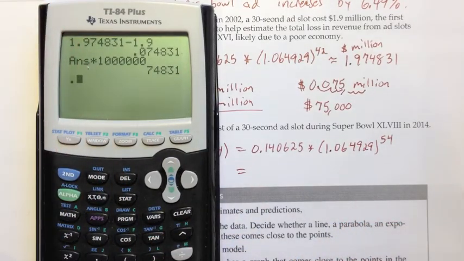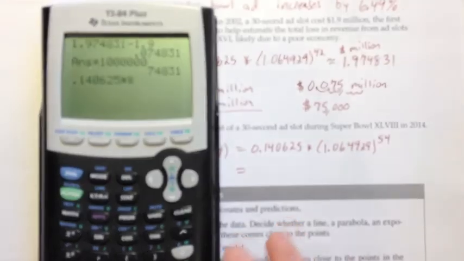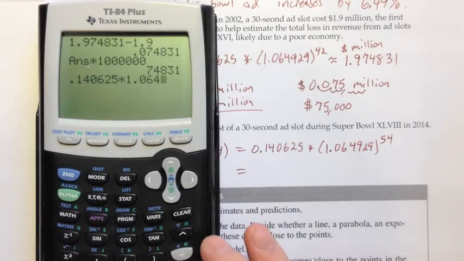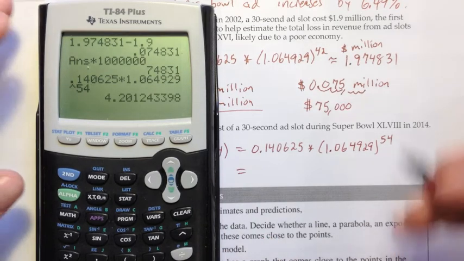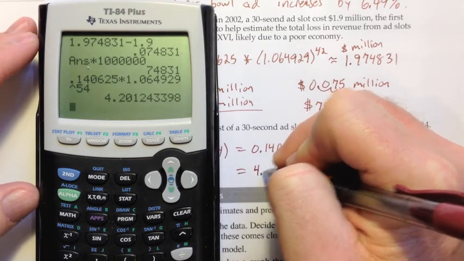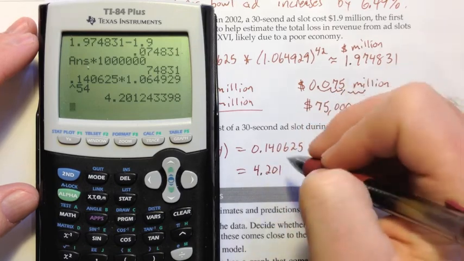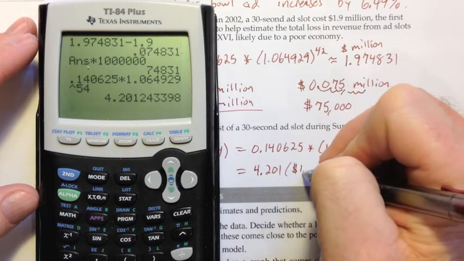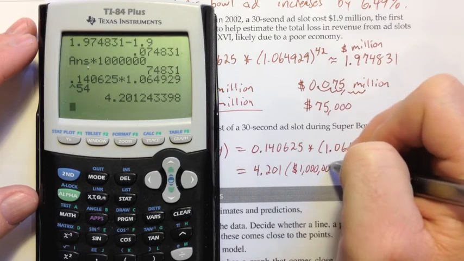So 0.140625 times 1.064929 raised to the 54th power, and we get 4.201, and that would be millions of dollars.